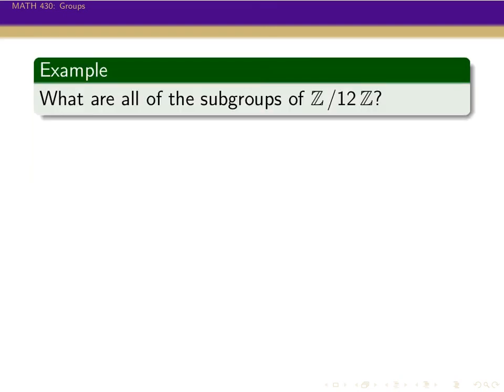So let's close this video out, and let's apply this especially to Z mod 12Z. Right? So we want to know what all the subgroups of Z mod 12Z are. And what the last theorem tells us is that the subgroups are going to correspond to the divisors of 12.